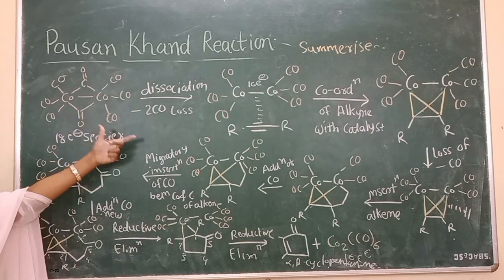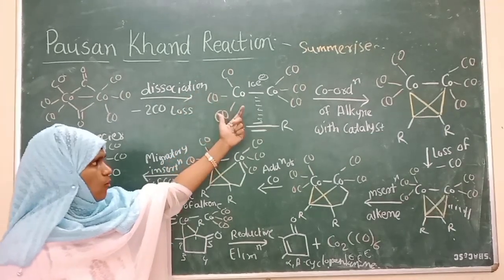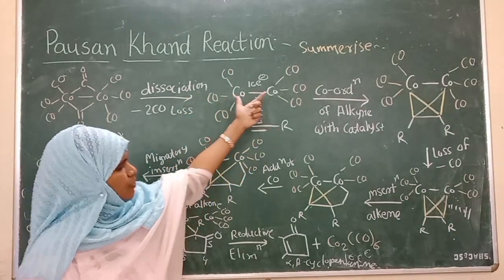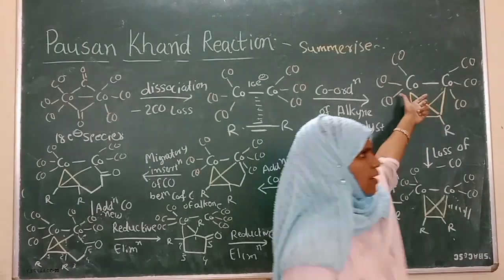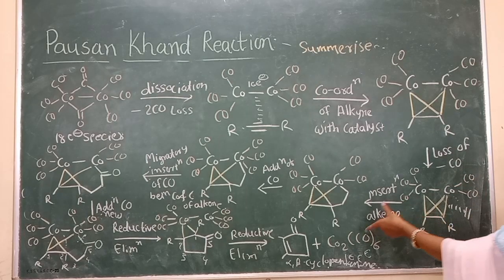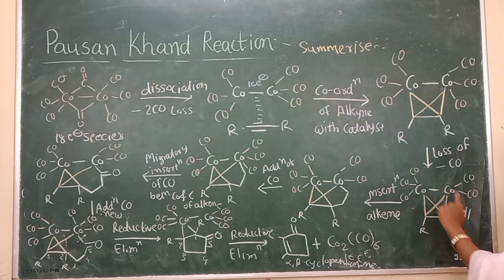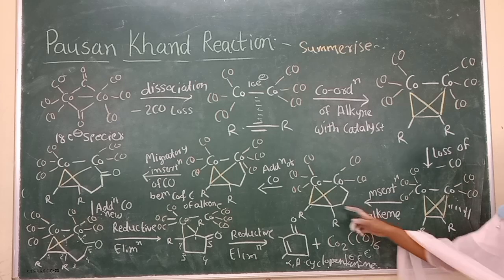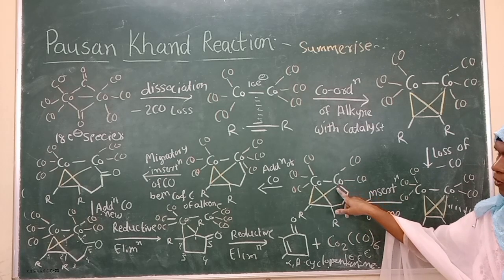First dissociation of the catalyst takes place, then a 16 electron species forms, with coordination of the alkyne to the catalyst. After that, bonds form between the 2 carbons and cobalt, and then again loss of 1 carbonyl and insertion of the alkene. After the insertion, the alkyne carbon and cobalt bond breaks and a new bond forms between the alkyne carbon and alkene carbon and cobalt.